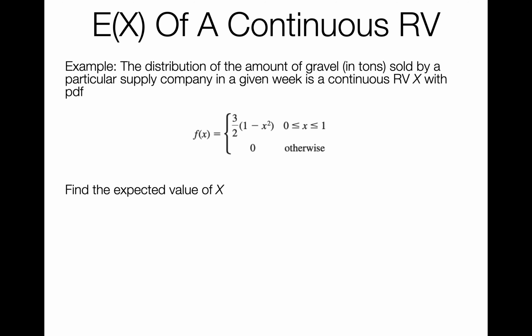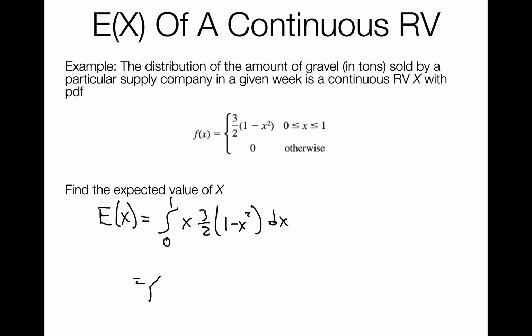I'm going to write everything down quickly here without all the extra stuff. It's really the integral from 0 to 1 of x times 3/2 times 1 minus x squared dx. The constant comes out in front.